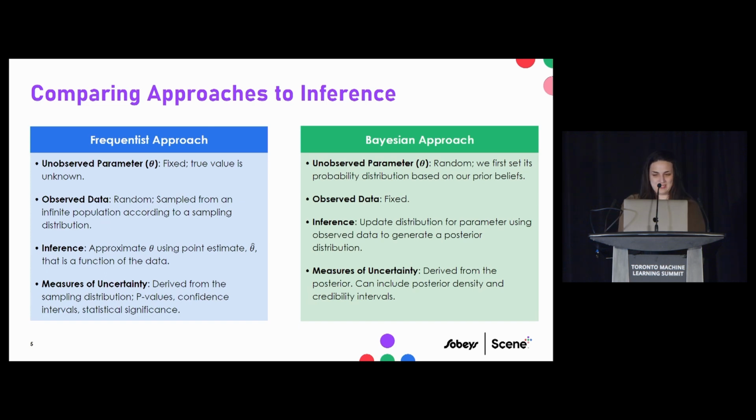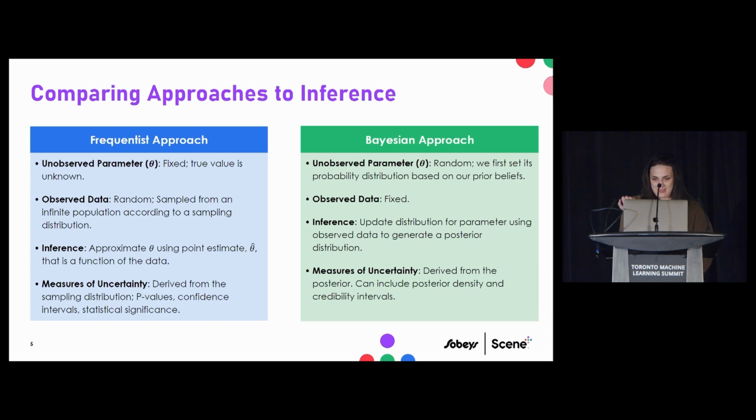The root of the differences is somewhat philosophical, and there's really no need to get into that for this talk, but I want to highlight some key consequences of those philosophical differences to help highlight why we're choosing Bayesian. So for starters, in both paradigms, we typically use a parameter to represent that target value of interest. You could think of that as the mean treatment effect and that sort of thing.